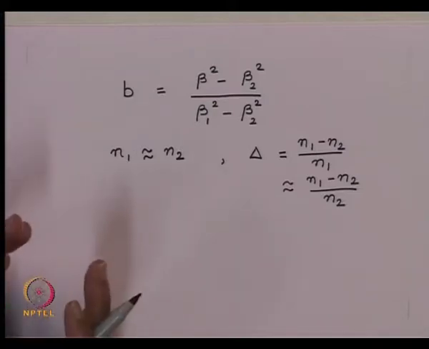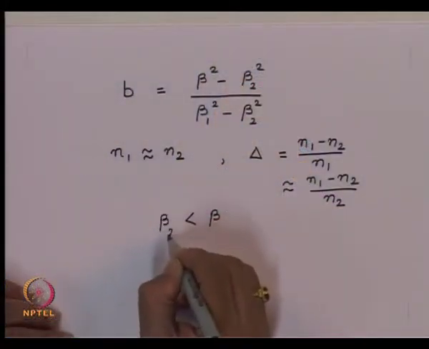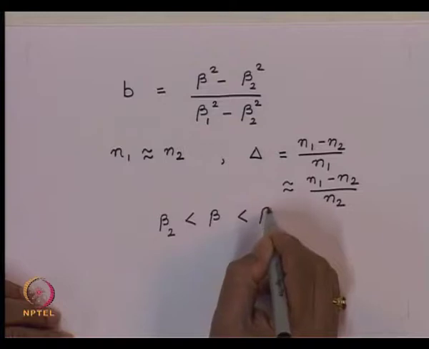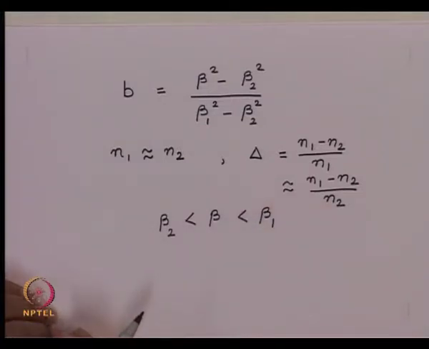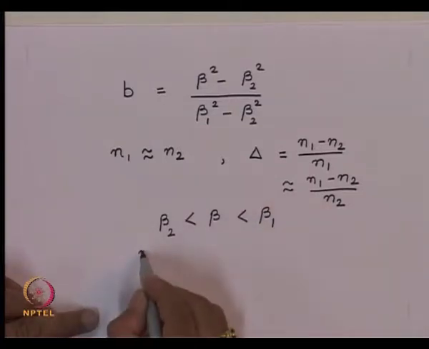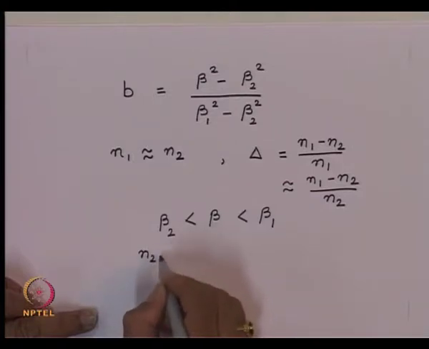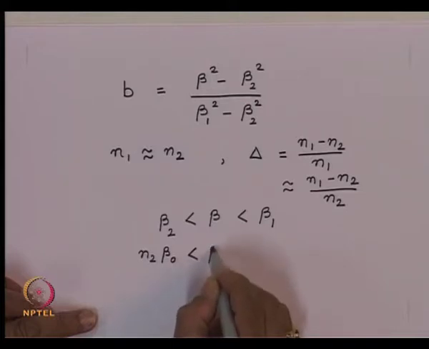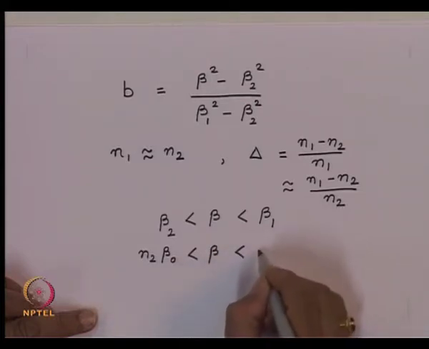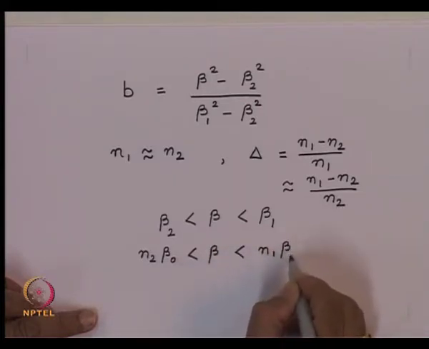We have also seen that when a mode propagates, the phase constant of a mode is bounded by beta 1 and beta 2. So beta lies between beta 2, which is nothing but N2 into beta 0, and beta 1, which is N1 into beta 0.